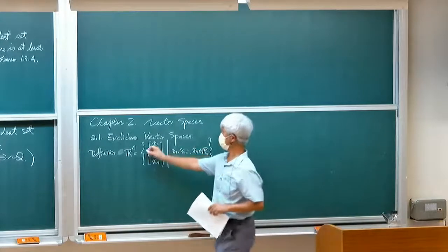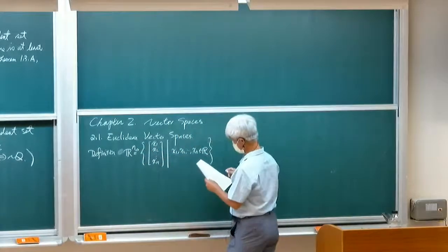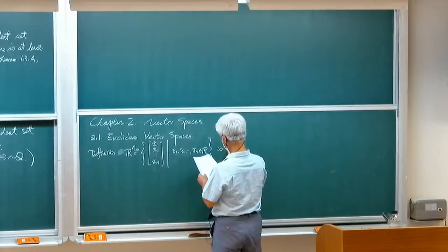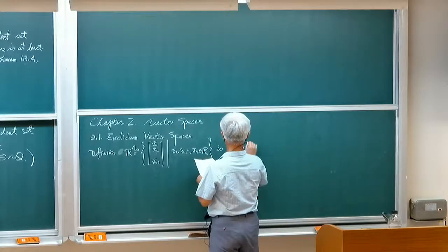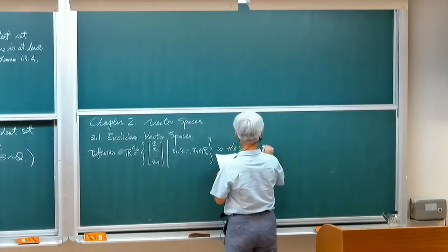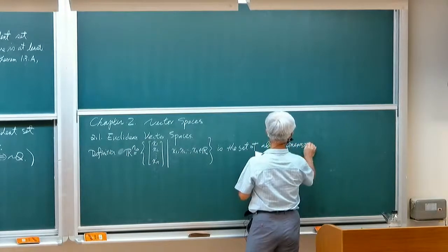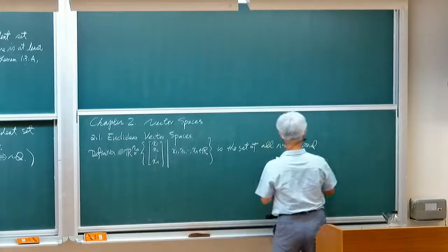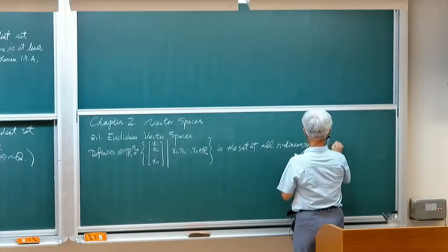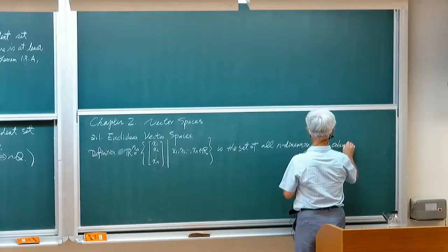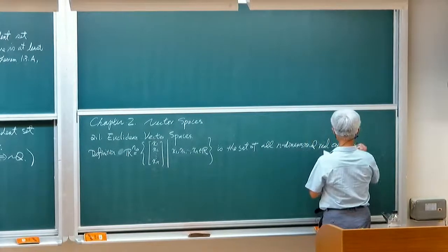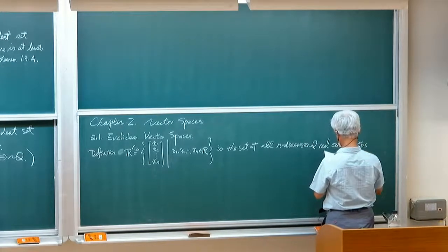Right, so Rn is the set of all n-dimensional real column vectors.